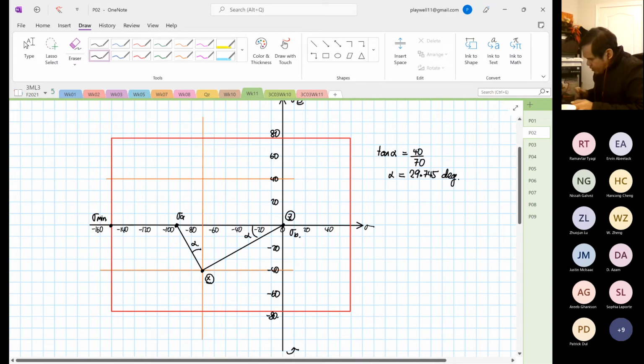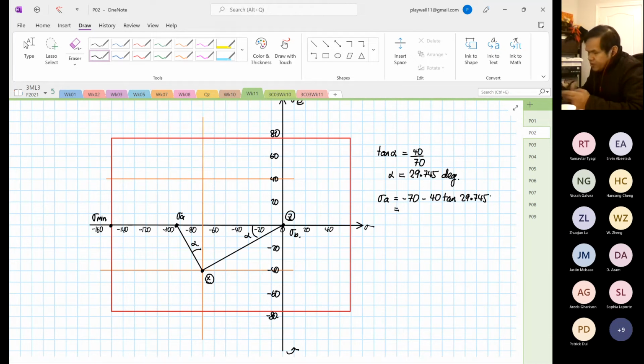Okay. So now we can calculate our stress A. It's not point A, it's a principal stress. So stress A is equal to minus 70 minus 40 over tangent 29.745. So that is 40 divided by tangent 29.745, plus 70.